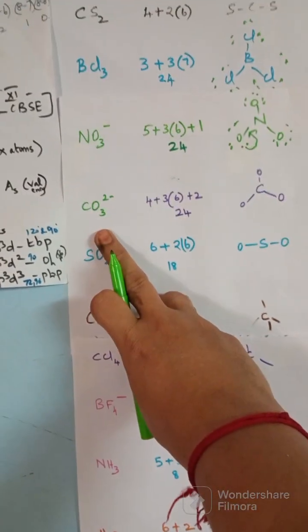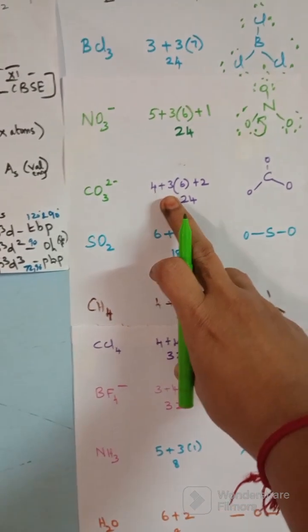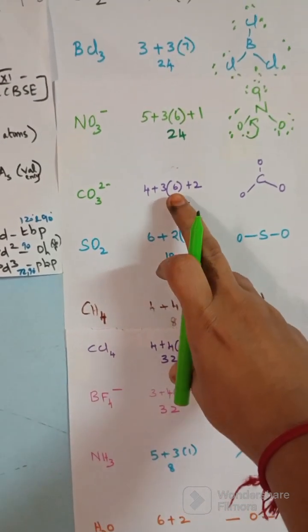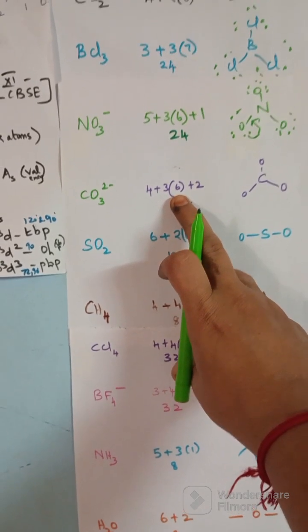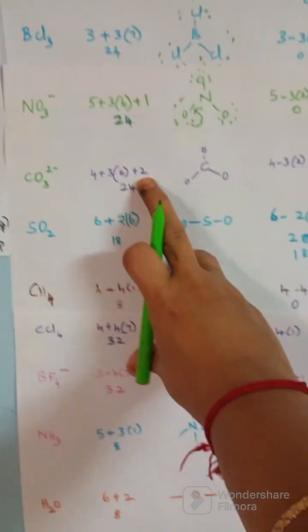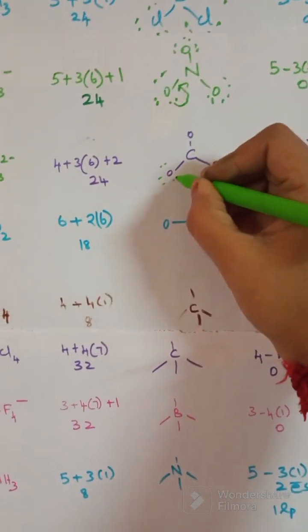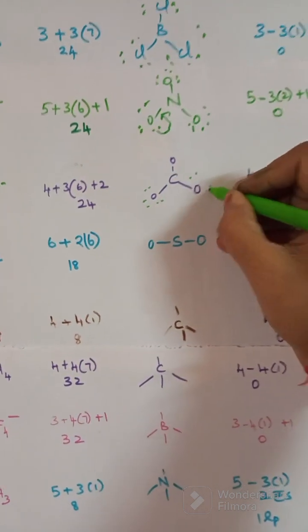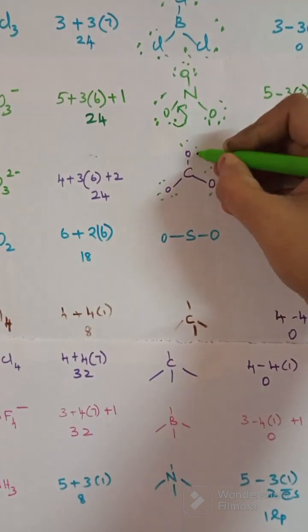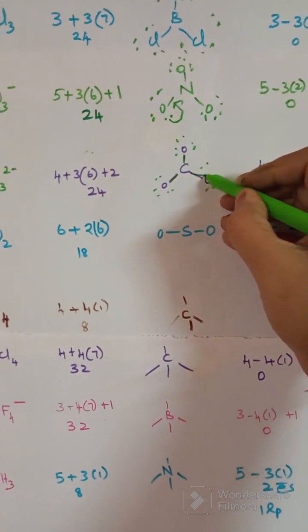For carbonate ion, 4 is the group number of carbon plus 3 oxygen, group number of oxygen is 6, and 2 because it's an anion with 2 negative charges. So when you write the structure of carbonate, 2, 4, 6, 8, 10, 12, 14, 16, 18, 1 bond is 2 electrons, 20, 22, 24.